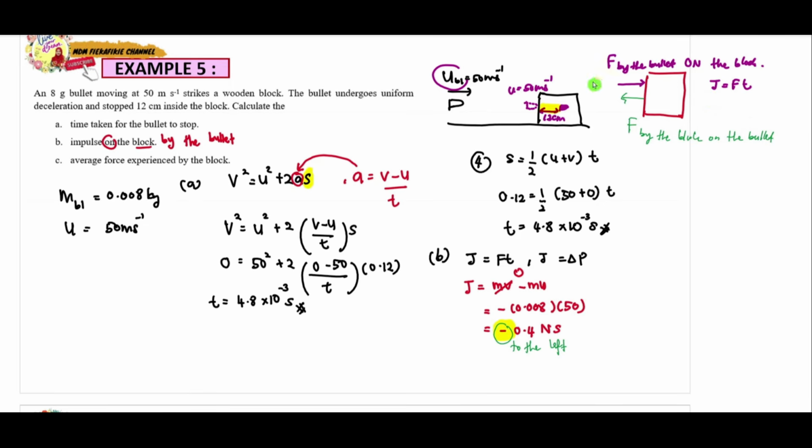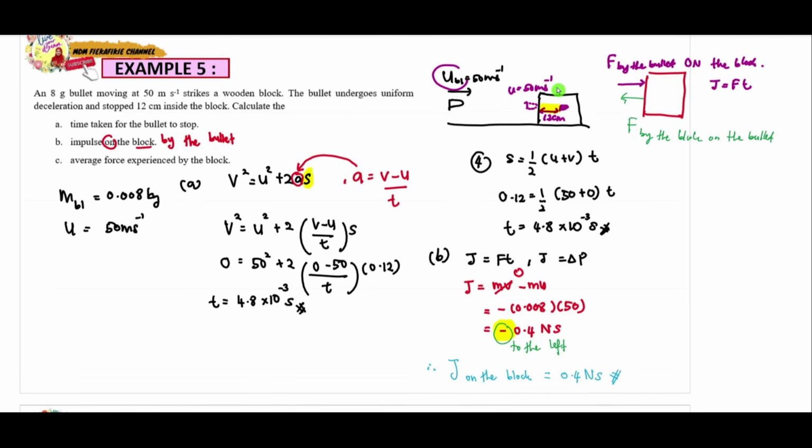Therefore, untuk menjawab soalan B ini, we can write, the impulse on the block should be to the right. Impulse on the block by the bullet, ataupun kita kata impulse by the bullet on the block. Yang penting on the block is positive Newton second. So the answer should be positive.